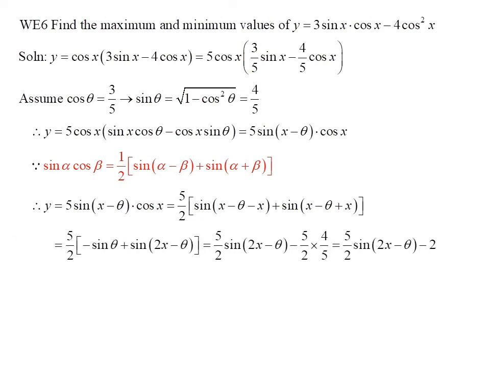After being further simplified, the function y equals 5 over 2 multiplies sine 2x minus theta minus 2. Since sine 2x minus theta is between negative 1 and 1, including both endpoints, the minimum value of y equals negative 9 over 2, while the maximum value of y equals 1 over 2.